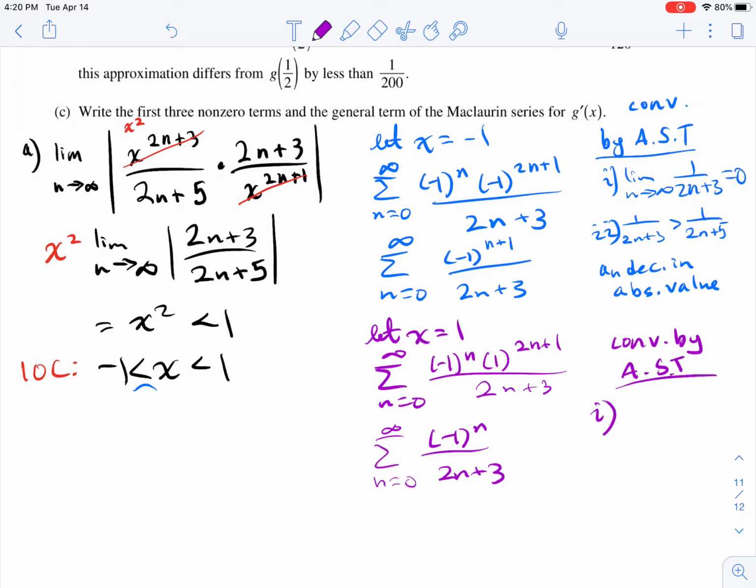So again, the limit as n approaches infinity of 1 over 2n plus 3 is equal to 0. And again, 1 over 2n plus 3 is greater than 1 over 2n plus 5. So a sub n is going to decrease in absolute value.